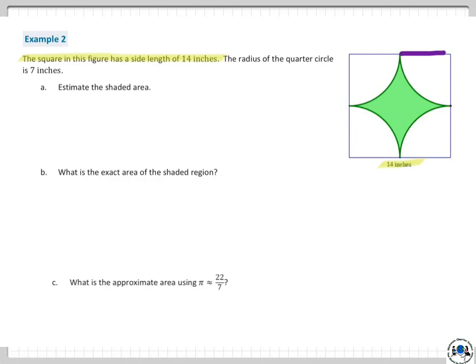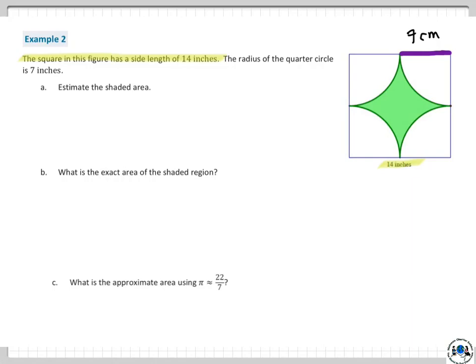So all of those lines of radius, and there are several of them, are going to be 7 inches. Here's what I want you to do: estimate the shaded area. Just give me a quick estimate.